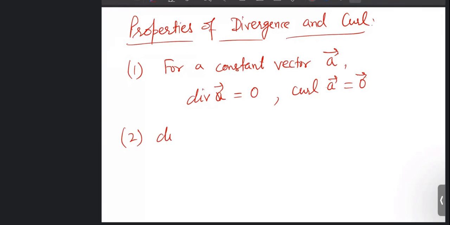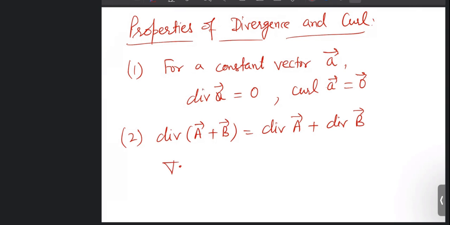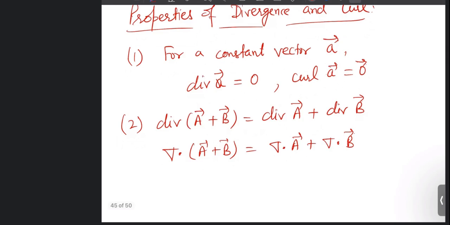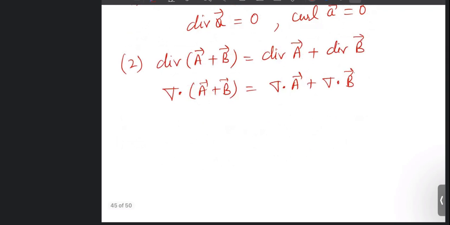Second property, divergence of the sum of two vectors is equal to the sum of their divergences. That means del dot (A plus B) is equal to del dot A plus del dot B. Dot product is distributive.